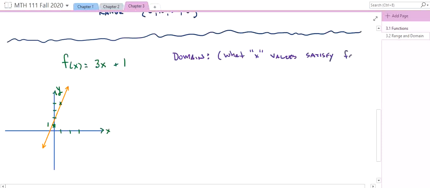Well, I could stick in 0. That looks like something. So 0 looks like it's in the domain. When x is 0, y equals 1, or f of x equals 1. I could stick in 1. When x is 1, that's 3 plus 1, y is 4.